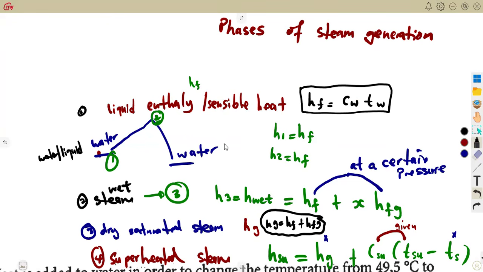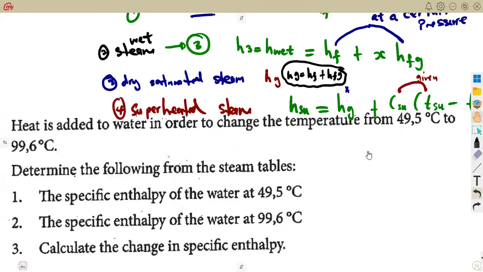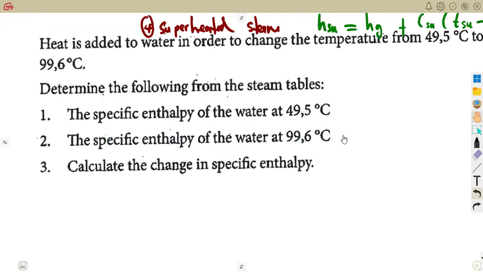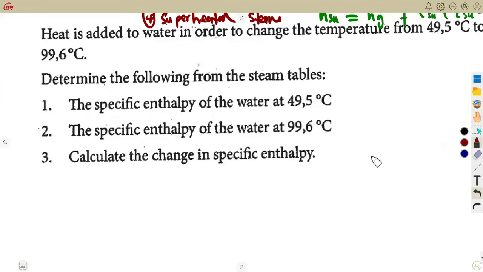You can also use this, but mostly they will give you a certain temperature. Then you find your H1, which is your Hf, or H2, which is your Hf, a sensible heat. You can determine that directly when given a temperature. So we want to see how these questions are given and how we are going to apply our steam tables. If the superheated is needed, then we will see.